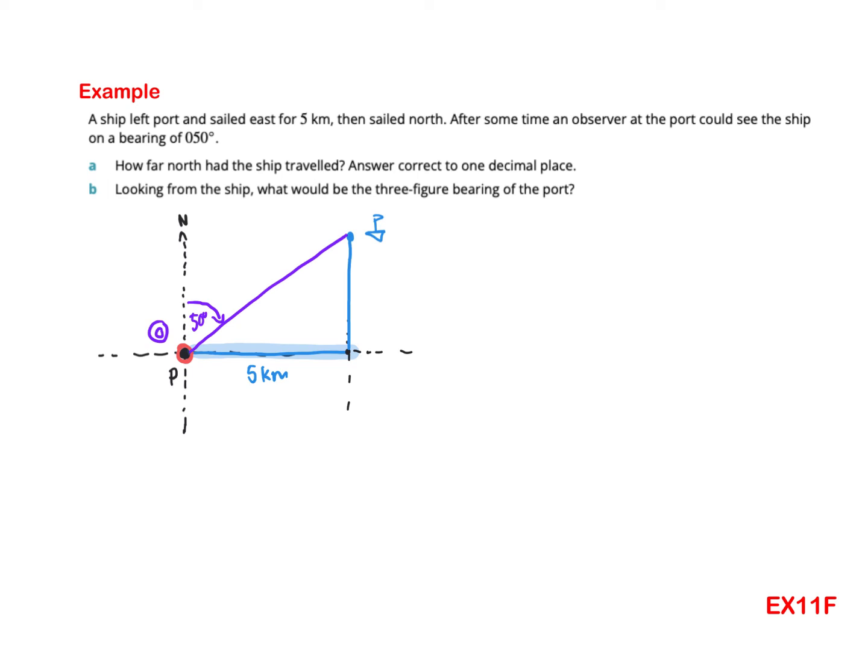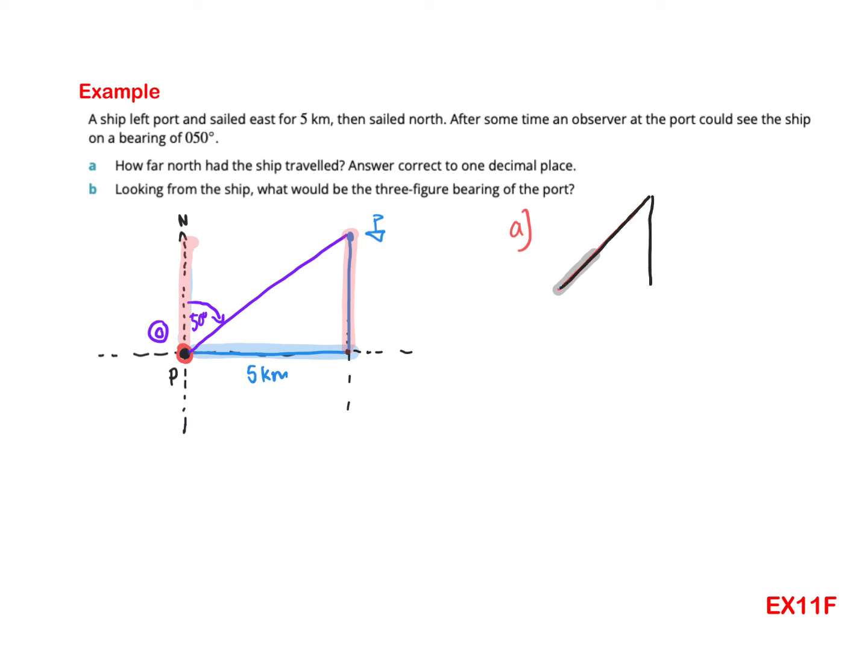So then the first part of the question is, how far north has the ship sailed? So how far north would you agree would be up here, level with this, yeah? So we can really say it's the same as that line there. So hopefully you can see we could set up our triangle to solve this.